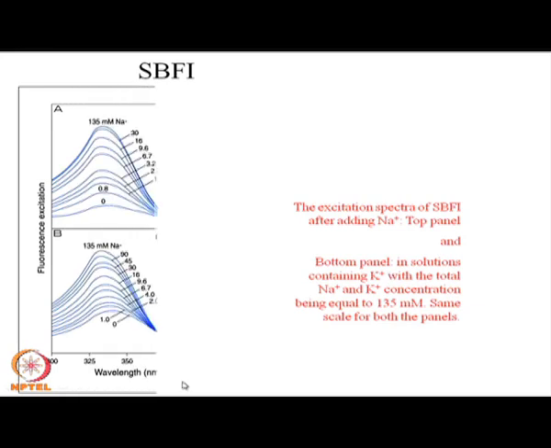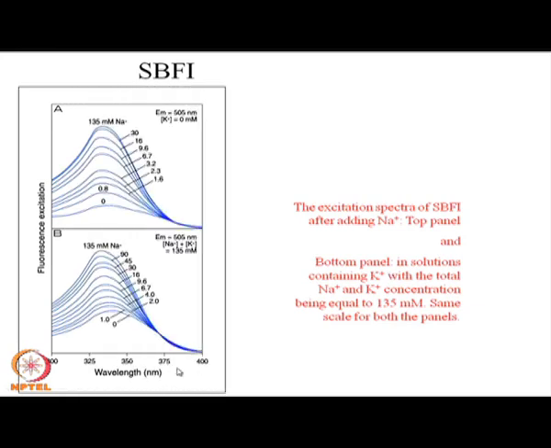Excitation spectra is very characteristic of the system, and sometimes it is very similar to your UV visible absorbance spectra, provided there is no complication within the system, then they will match very closely with each other.